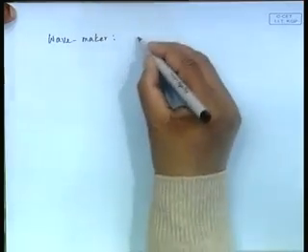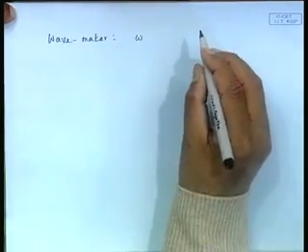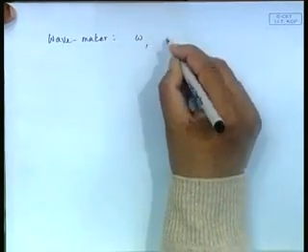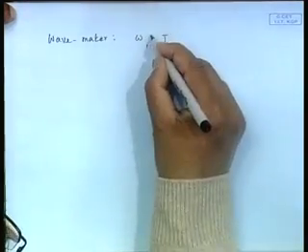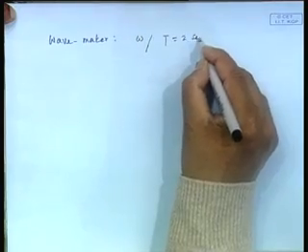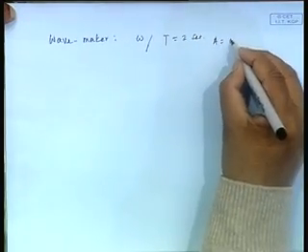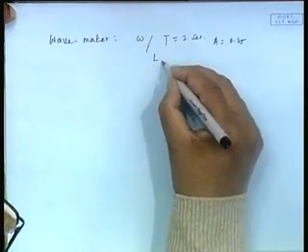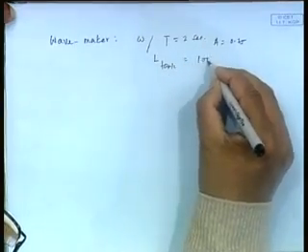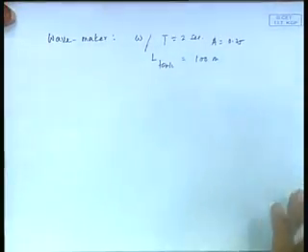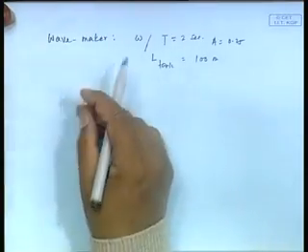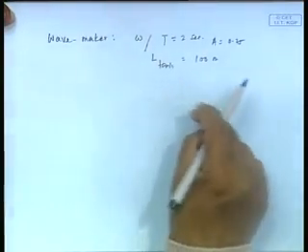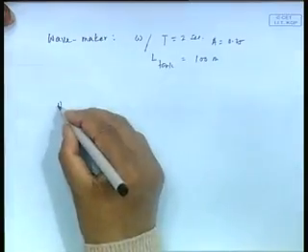It is making waves of period 2 seconds, and amplitude A is given as 0.25 meter. The length of the tank is given. The first question is, approximately how long will it take for a wave front to propagate from the wave maker to the other end of the tank?